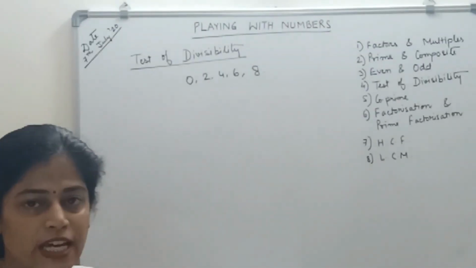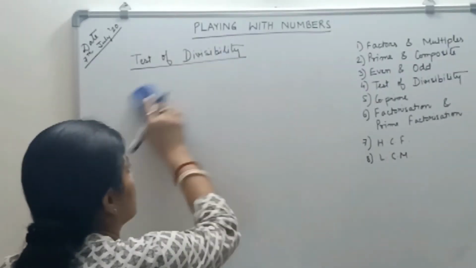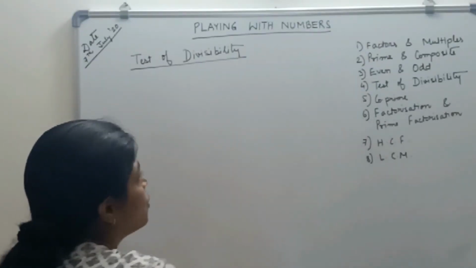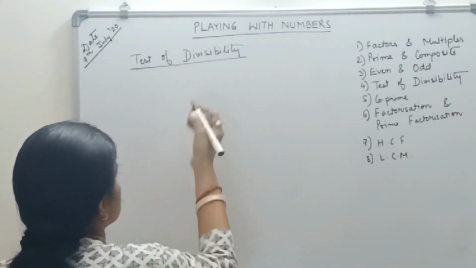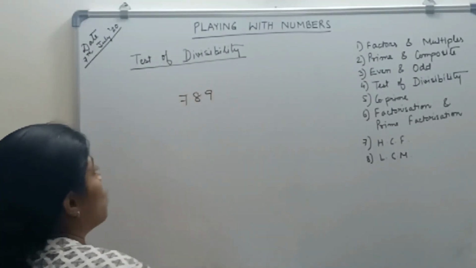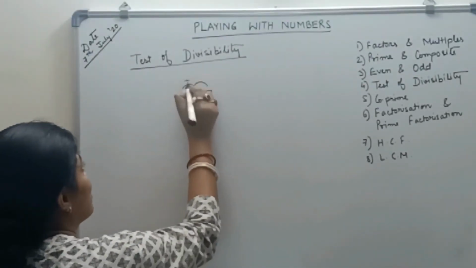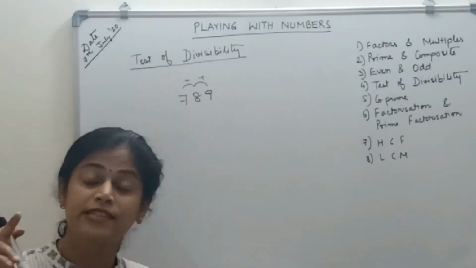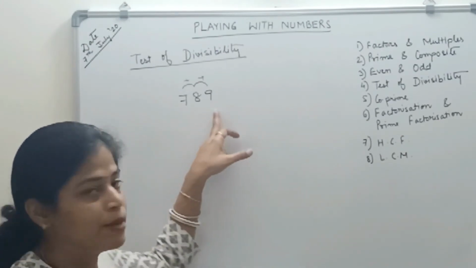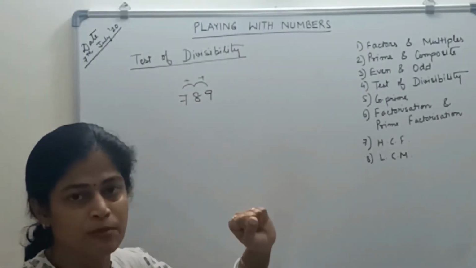Now how can we test whether a number is divisible by 3 or not? Suppose I take a number 789. What we need to do is add all the digits. If the sum of all the digits of the number is divisible by 3, then the whole number will be divisible by 3.